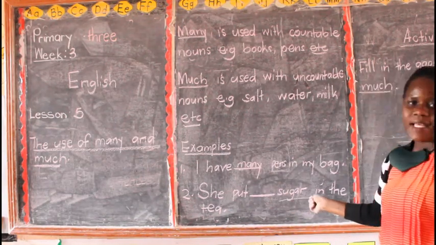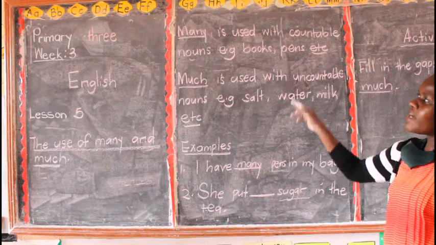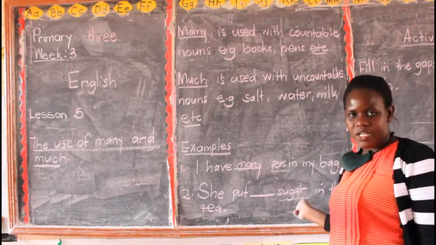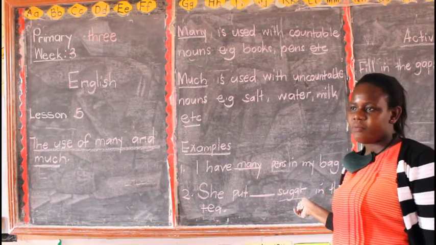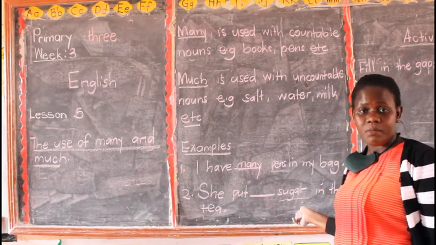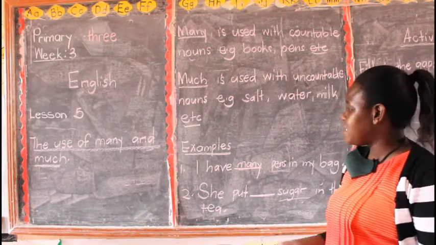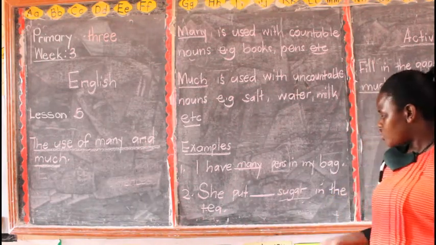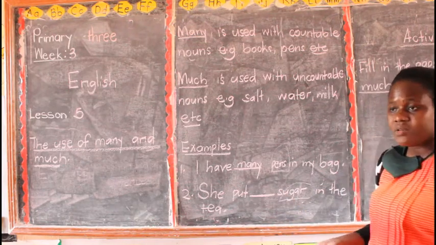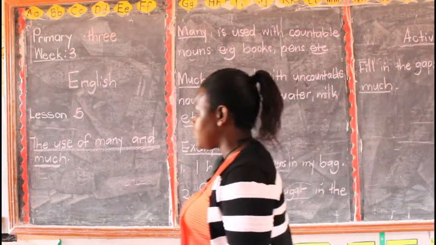The noun being used is sugar. Now go back to my explanation and see: is sugar countable or uncountable? If you can count it, then it is countable, but if you cannot count it, it is uncountable. So sugar is uncountable. Can you count 3 sugar really? You cannot.